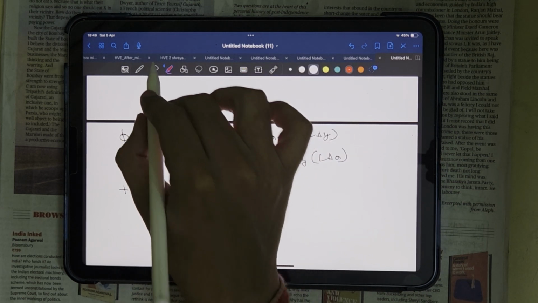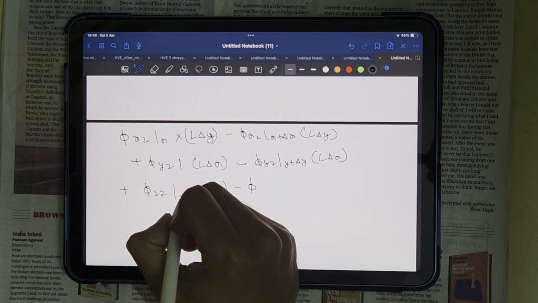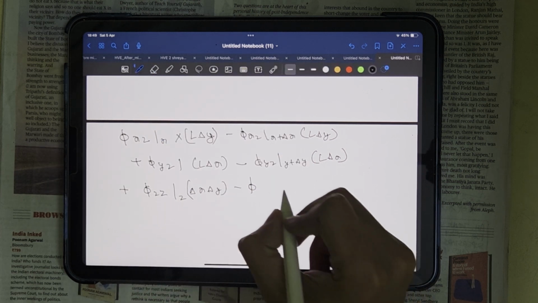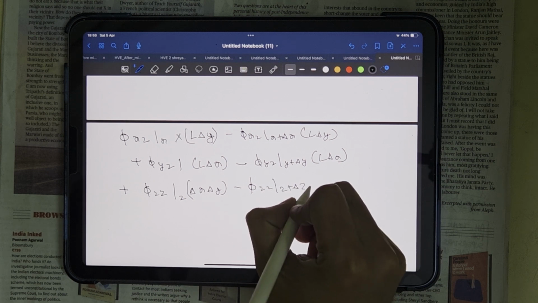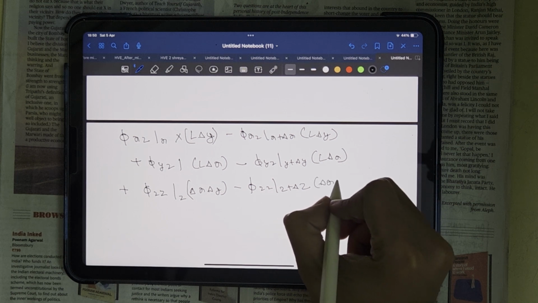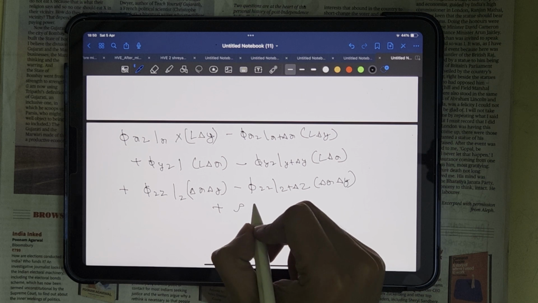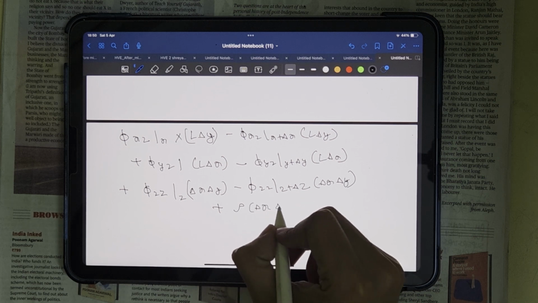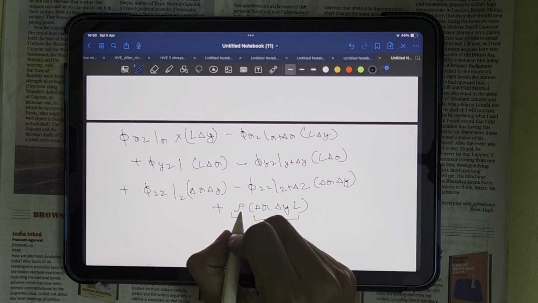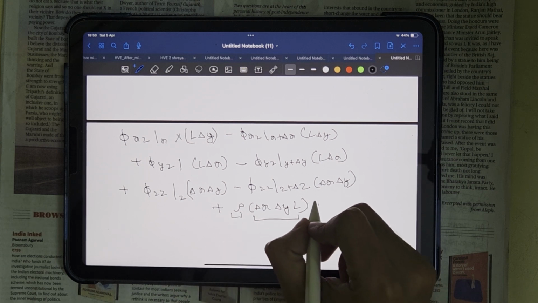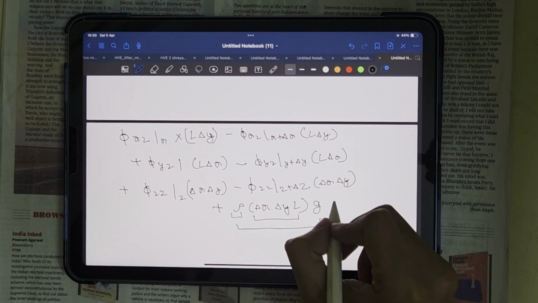It will be delta x delta y, phi zz at z minus phi zz at z plus delta z, delta x delta y. We have an external force of gravity, so that would be rho delta x delta y L. This is basically the volume of differential shell, and volume multiplied by density is basically mass. Mass into gravity is our force, so the total term becomes force.